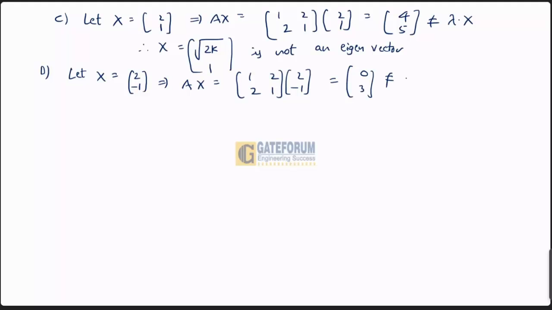So this is again not equal to lambda into the given fourth option vector x. Therefore [root 2k, minus 1] is not an eigenvector.